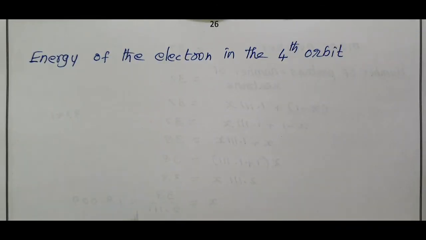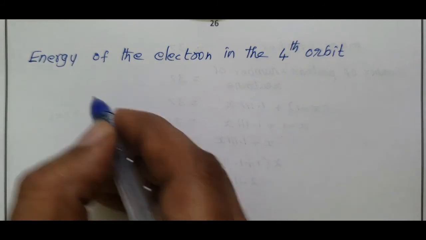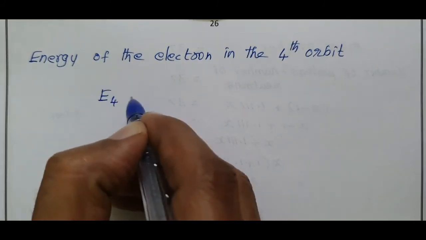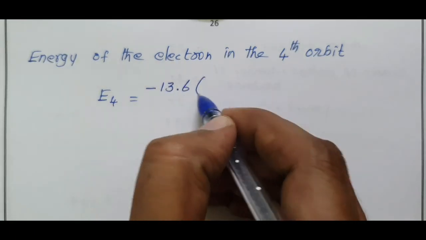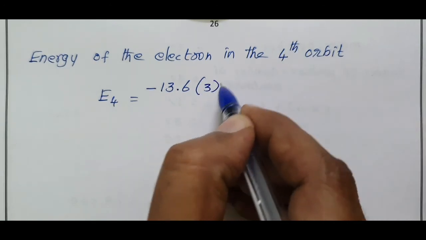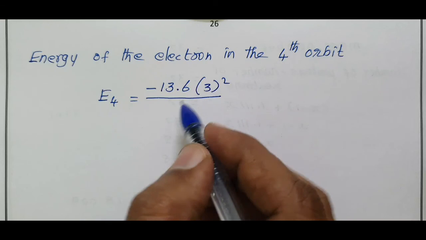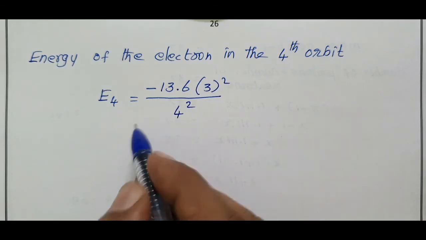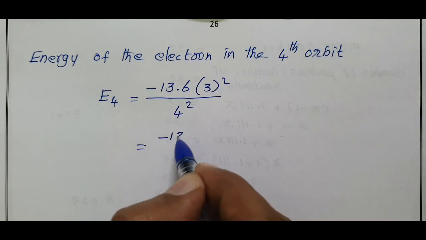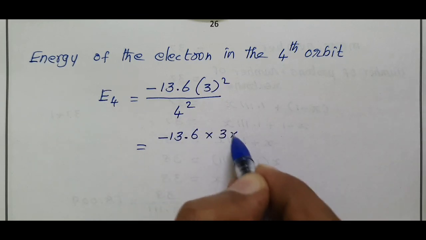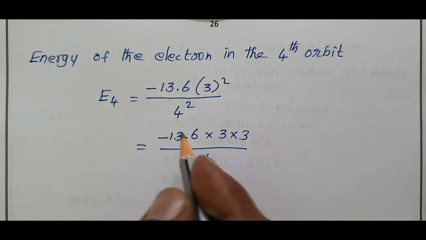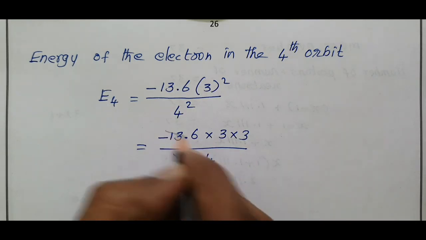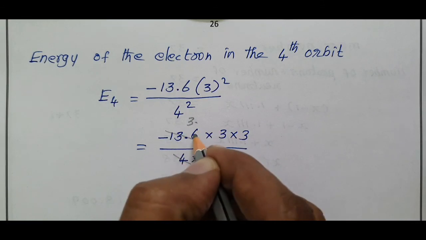Energy of the electron in the fourth orbit, E4, equals, substituting the values in the formula, minus 13.6 into Z squared, that is atomic number 3 squared, divided by n squared, 4 squared, that is equal to minus 13.6 into 3 into 3 divided by 4 into 4.